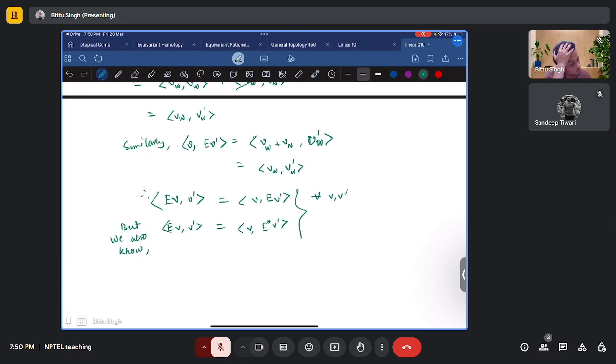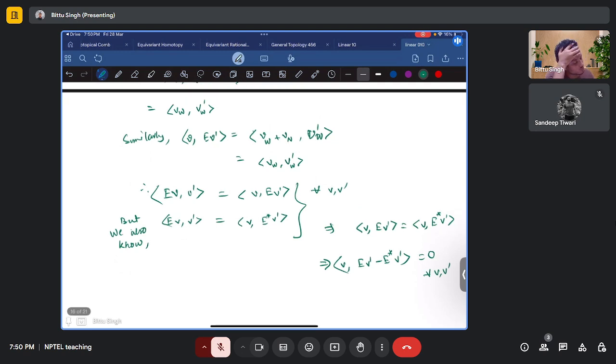Comparing those two things, we get V comma EV dash is the same as V comma E star V dash, for all V dash. Just the right hand sides. So V comma EV dash minus E star V dash equals 0 for all V dash.